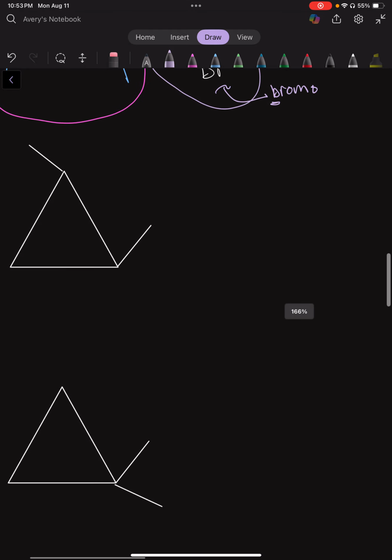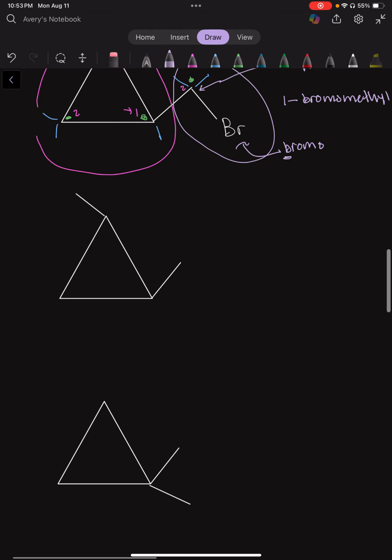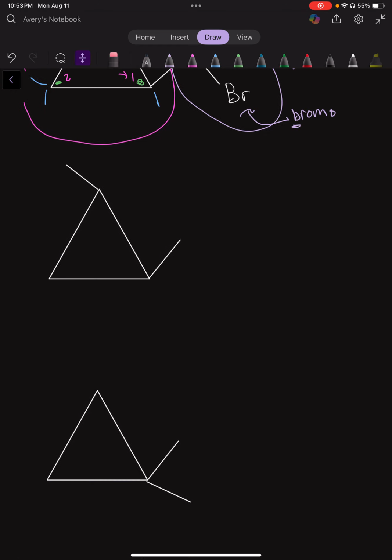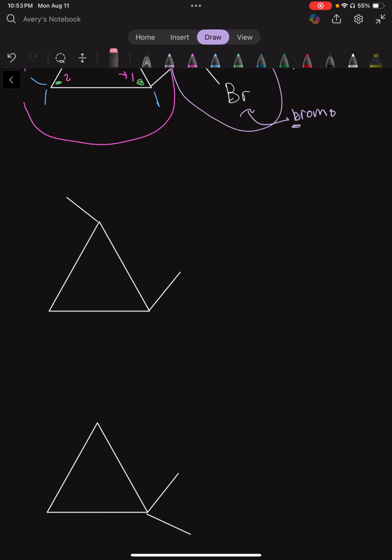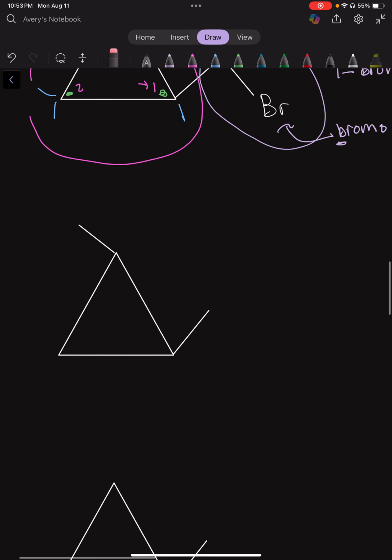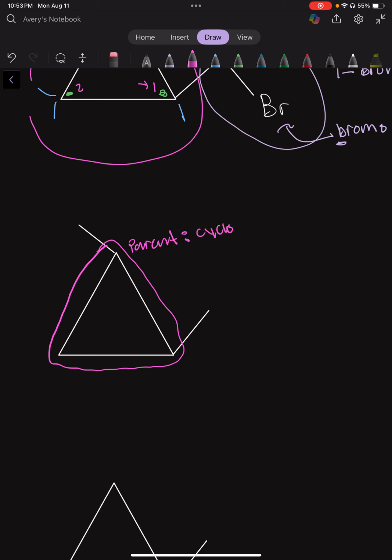So this brings us to the next one. Let me make some space. Which is this crazy thing. Again, the longest chain of uninterrupted carbons is going to be this triangle, which becomes our parent. And as we know from the previous one, is going to be a cycloprop.